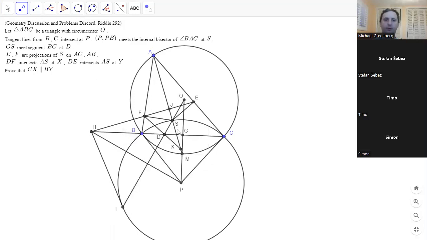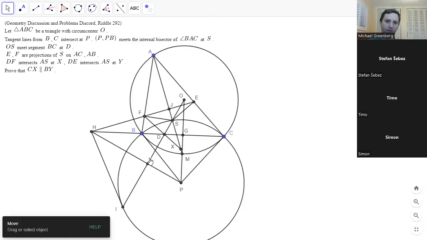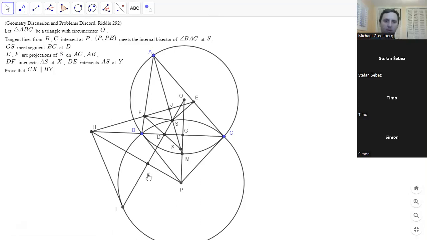So I guess we're kind of defining H this way. We could just leave it as H because it's not in the question. We want to show that HS is tangent. So D is the orthocenter of HOP, if we know HS is tangent.